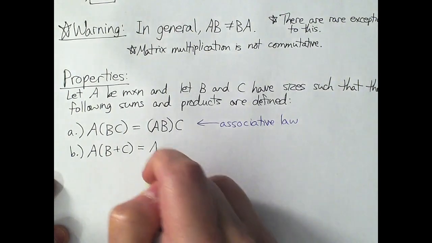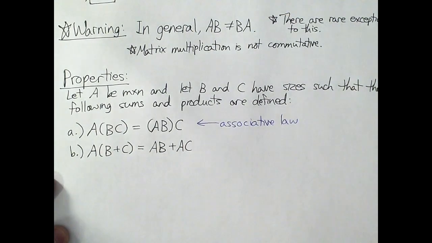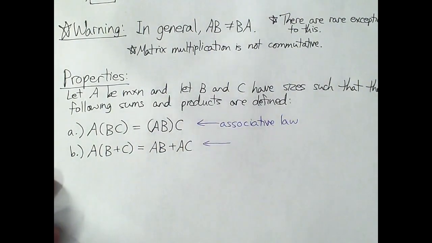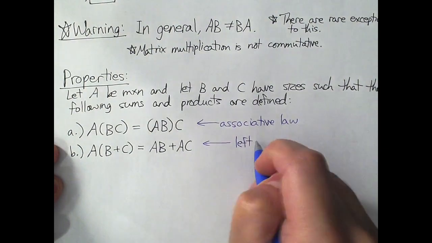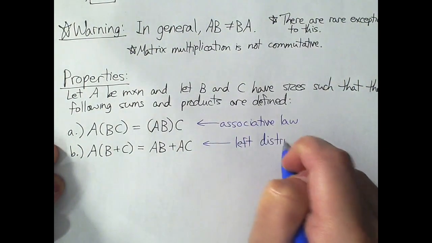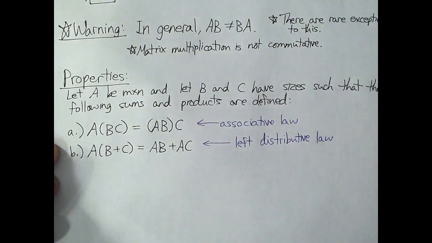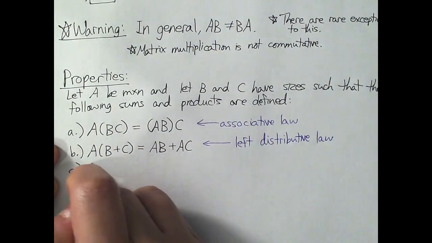This does equal AB plus AC. What do you think this is called? We're distributing, right? So should we call this the distributive law? We call this the left distributive law for matrix multiplication.